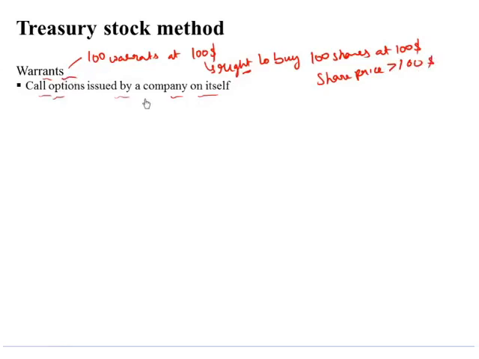So a warrant has been issued by the company, which gives the holder of the warrant the right to buy a pre-decided number of shares of the company at a pre-decided price. Now, why would a company issue a warrant?